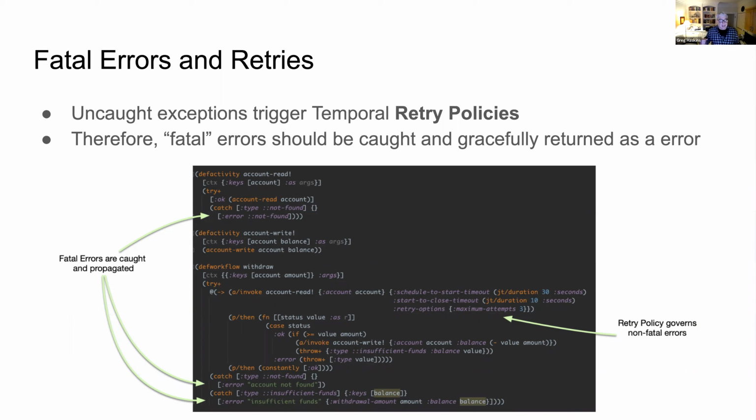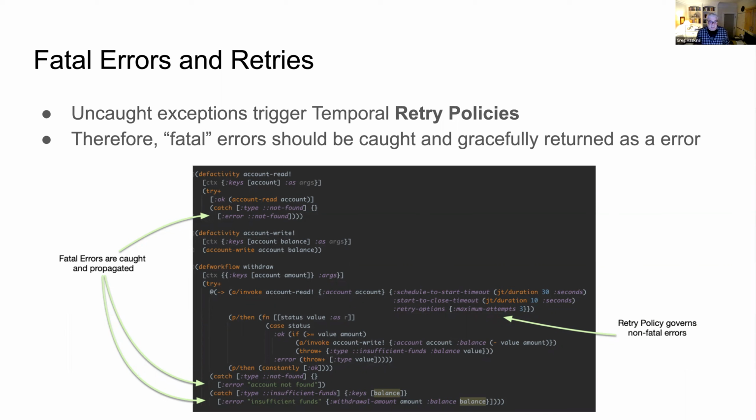I can say workflow X calls activity Y, and it has this retry policy, and you can see a sense of what a retry policy might look like. You're specifying things like how many times to retry, the exponential backoff. There are all different parameters for it.